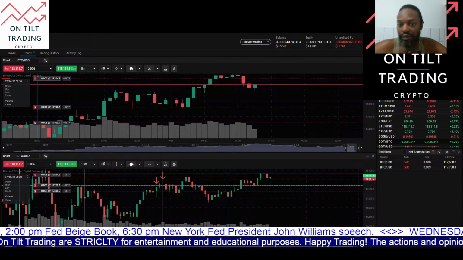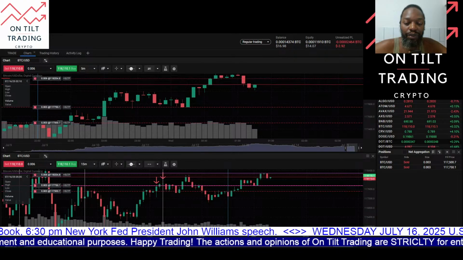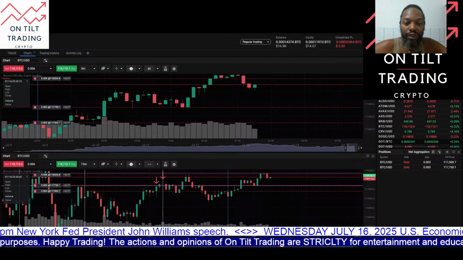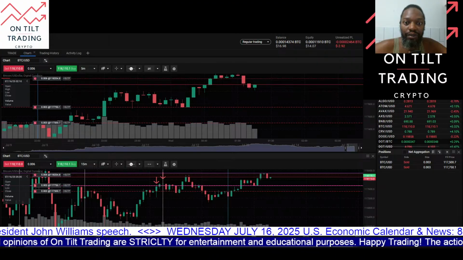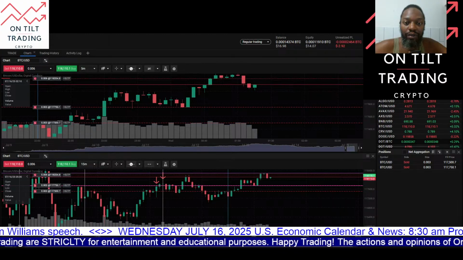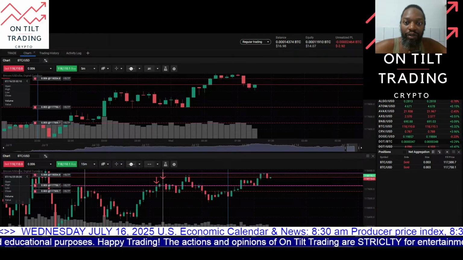Then here we get this swing low put in, a short-term low put in here. Then we get this candle closure here, which creates a market structure shift.